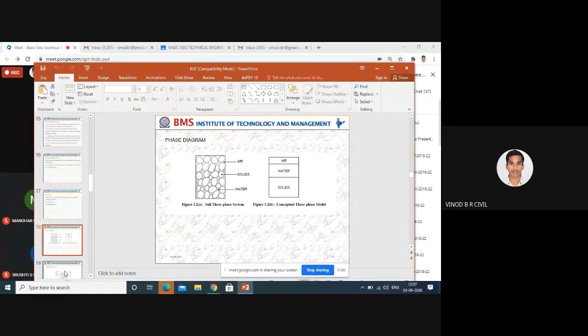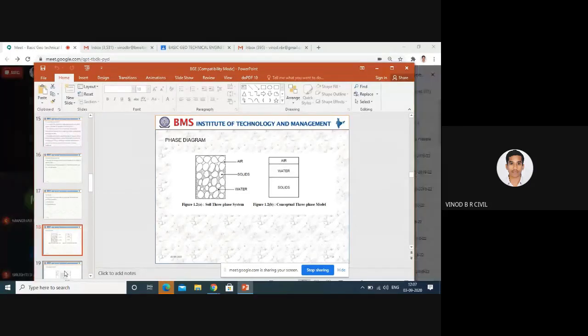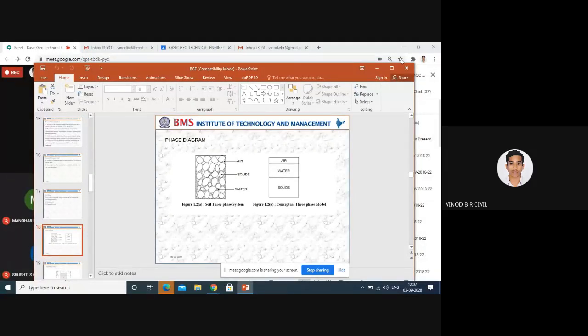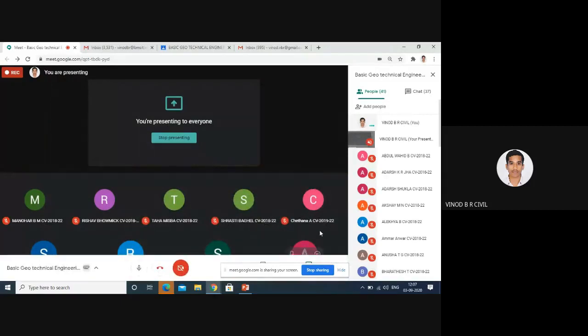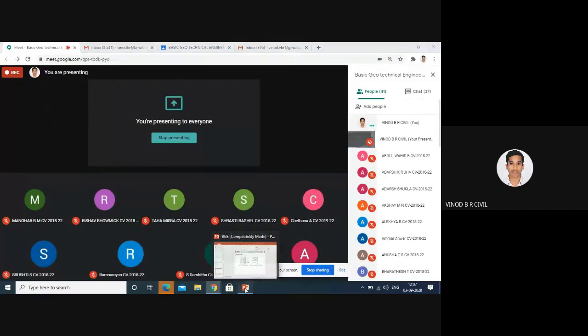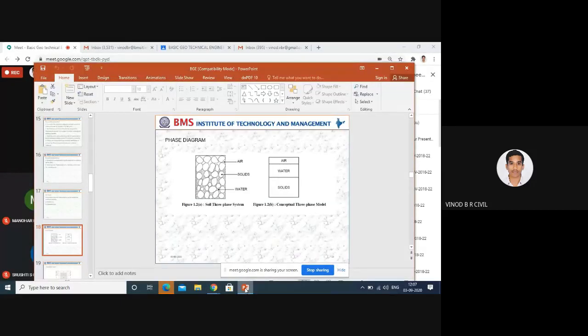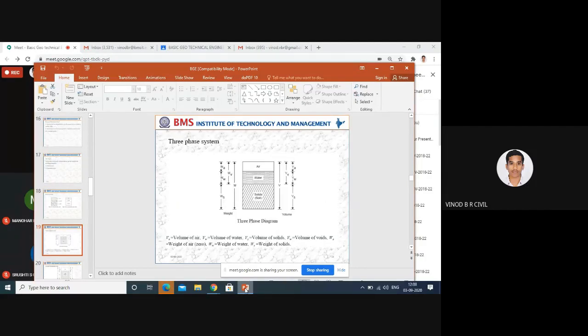In figure number 1.2a, soil is a good example of a three-phase system. The three-phase system is the combination of air, water, as well as solids. This is the typical cross section of the three-phase diagram.